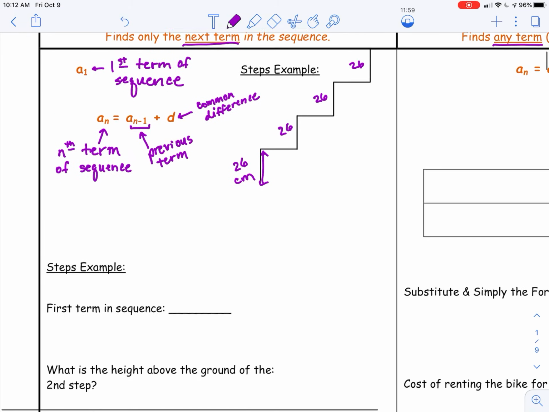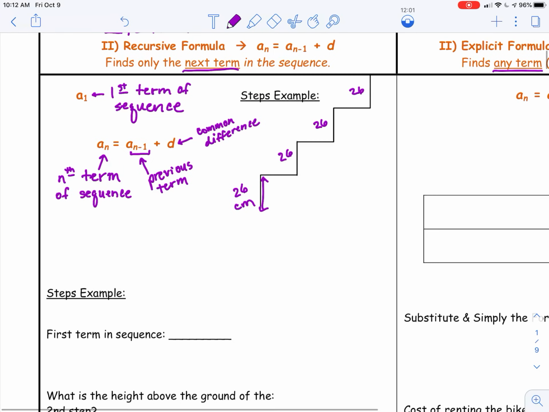Okay, so let's go back to our stair steps here. So back to the step example, the first term in our sequence would be 26, right? And actually, we're going to write this a little bit differently, so erase that out of there. I want you to write this as a sub 1, or the first term is 26.